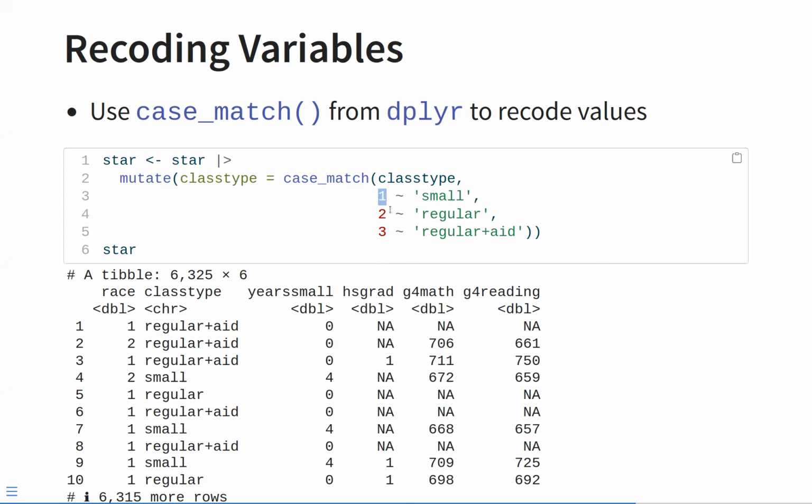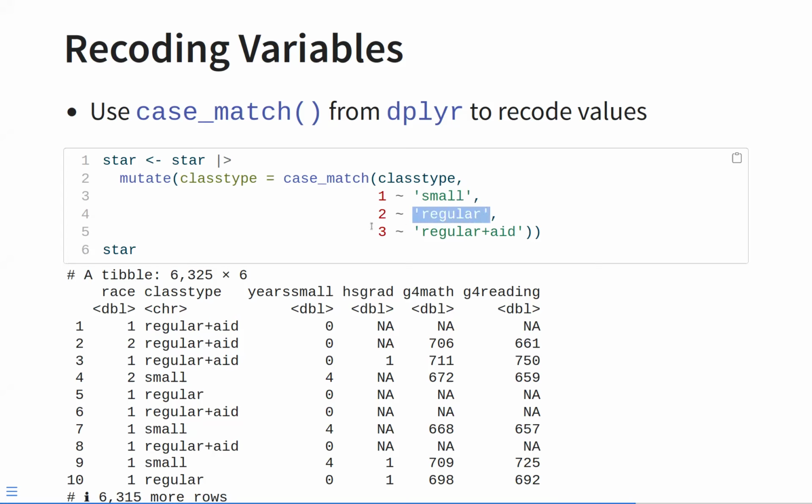So the thing to the left-hand side of the tilde, here 1, is a value that I want to recode. So I want to recode in the class type column a 1 to become the string small. I want to recode a 2 so that it becomes the string regular.